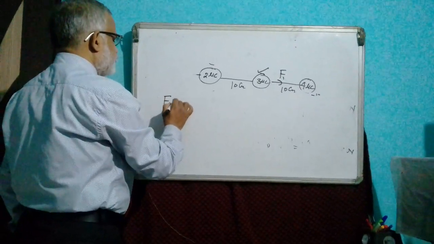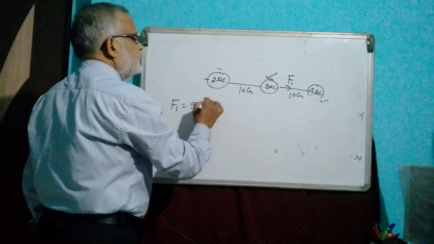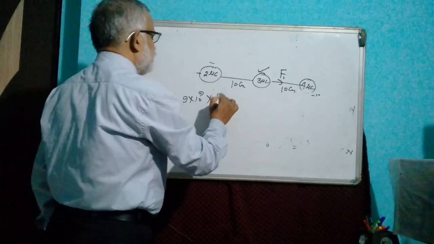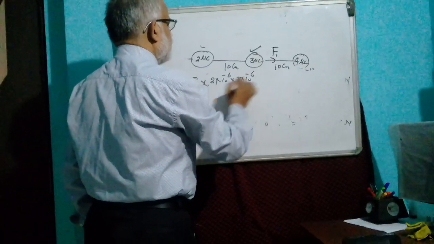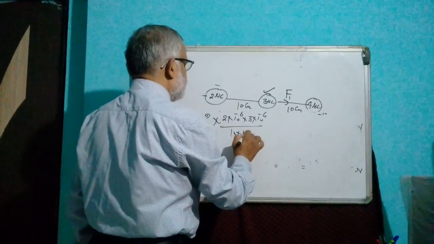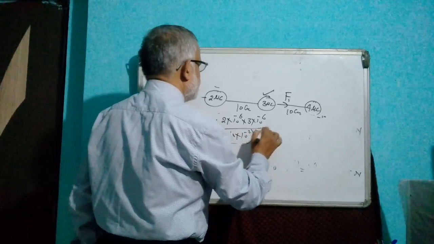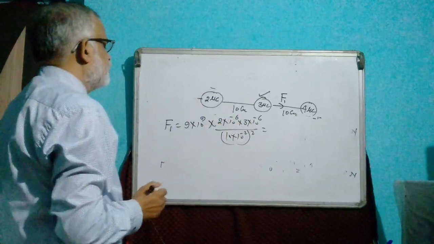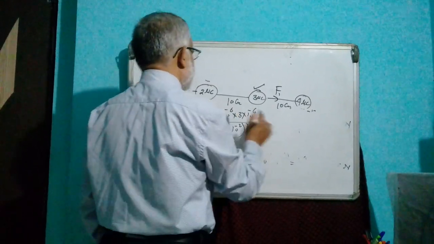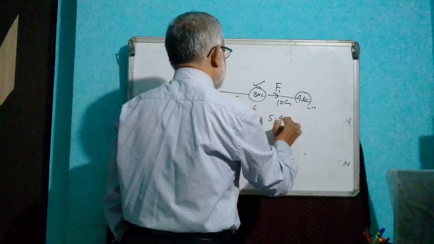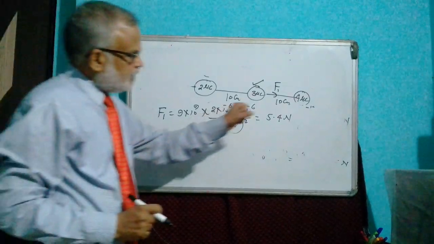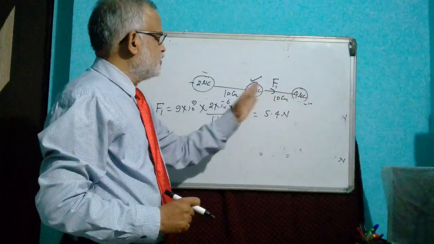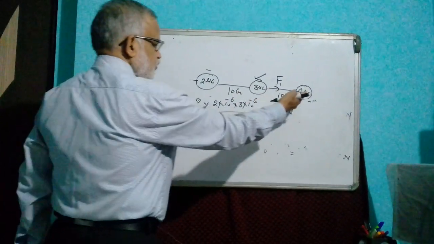Therefore, F1 equals 9 into 10 power 9, 2 into 10 power minus 6, 3 into 10 power minus 6, upon 10 into 10 power minus 2 whole square. When we solve it, F1 equals 5.4 Newton.